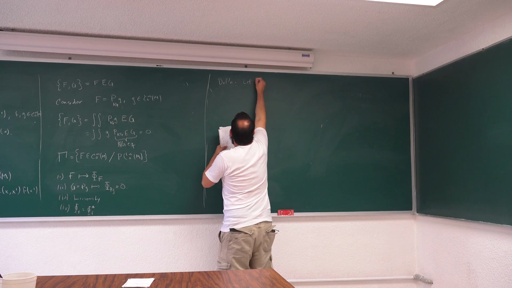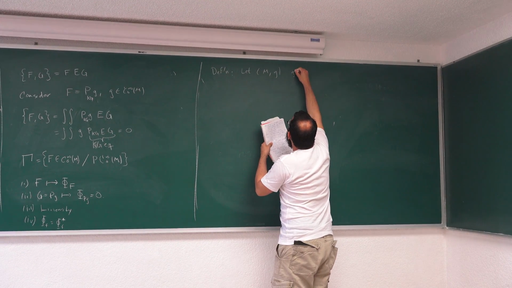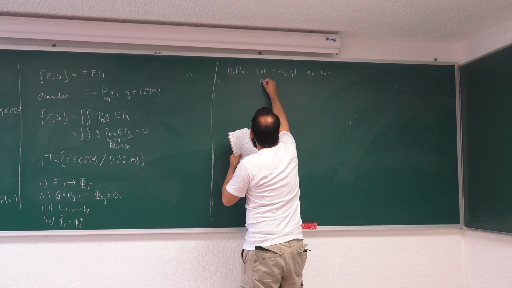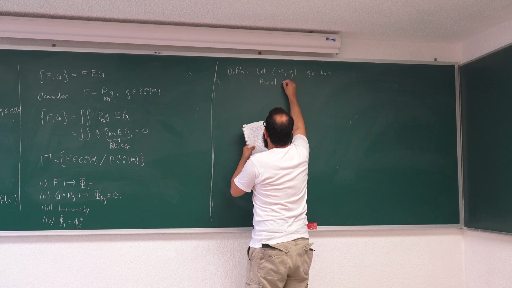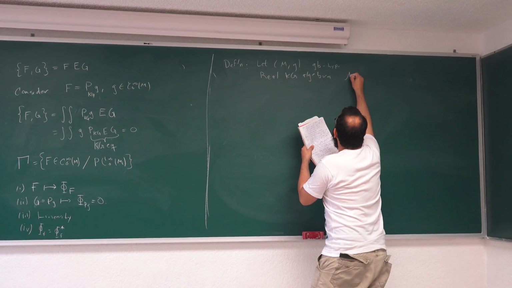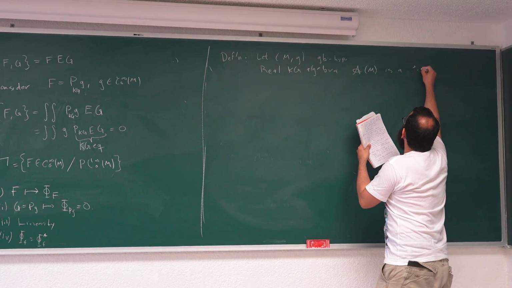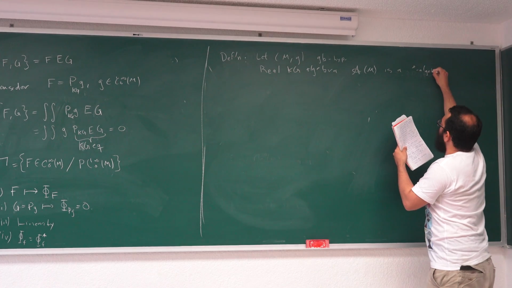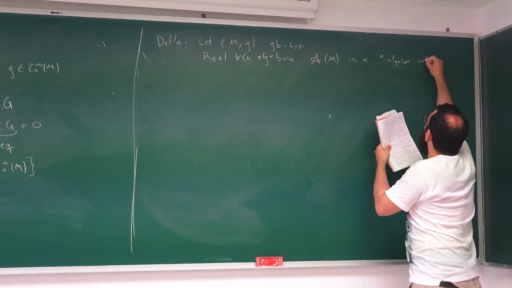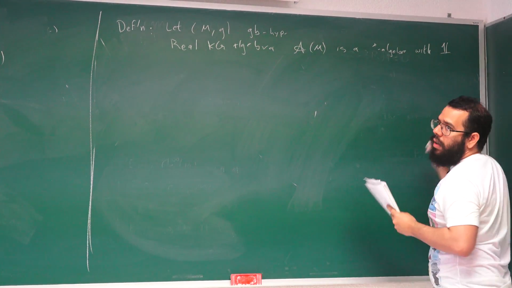Okay, so let (M, g) be globally hyperbolic. The real Klein-Gordon algebra A(M) is a star algebra. That means it's an algebra that carries an involution denoted by a star, with an identity.